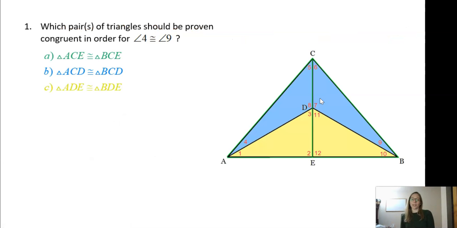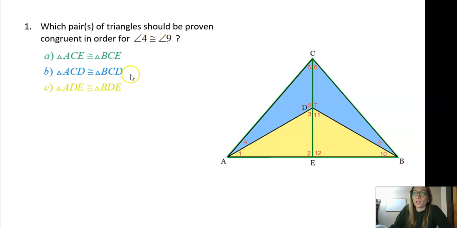So sometimes with CPCTC, we have to figure out which triangles we even need to prove congruent in order to prove certain segments or angles are congruent. Sometimes there might be multiple triangles in the diagram. If we were trying to prove that angle 4 is congruent to angle 9, angle 4 is part of which triangle?